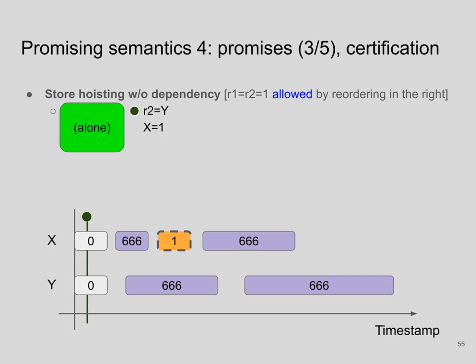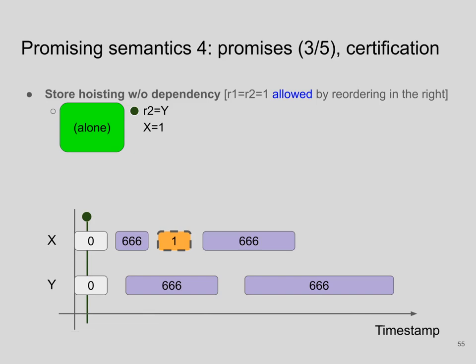From thread 2's point of view, I need to be able to fulfill the promise by actually writing x equals 1. We should also assume there is interference from other threads in the memory. The current memory may be changed by other things, so I cannot assume the behavior of the other threads.